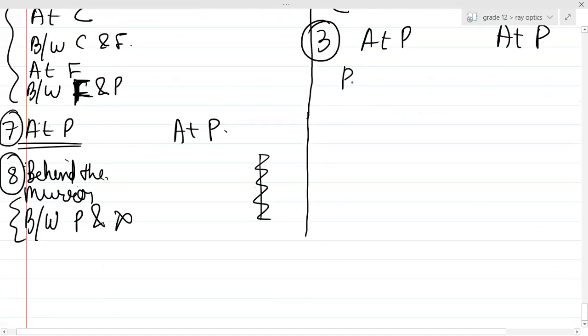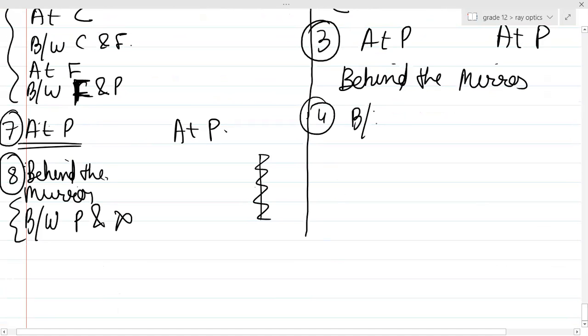Now everything is behind the mirror. The fourth case is when the object is between pole and focus.